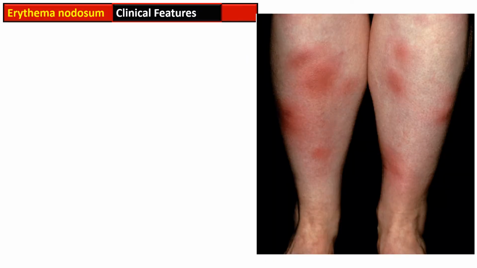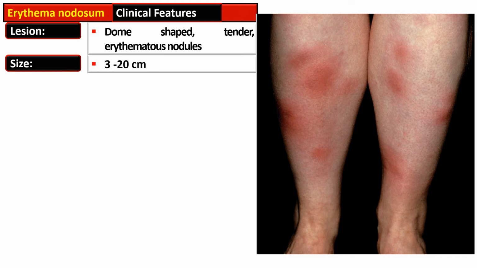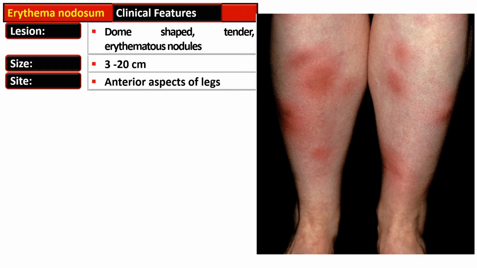The lesion of erythema nodosum is a dome-shaped, tender, erythematous nodule that ranges between 3 to 20 centimeters in size, and the anterior aspect of the leg is commonly affected, as seen in this picture.